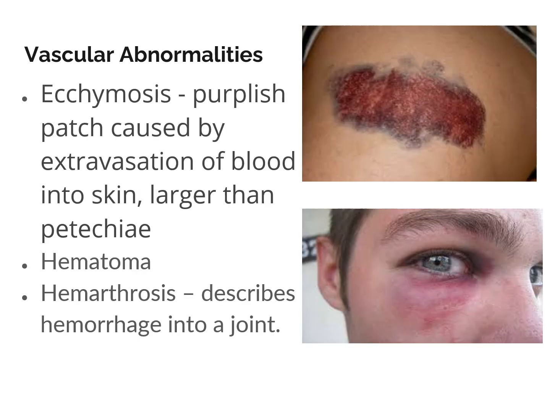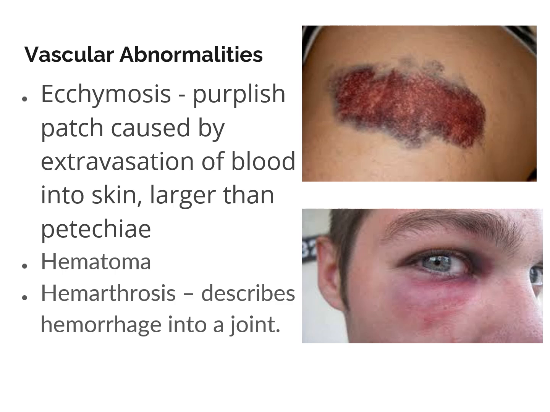And then we have ecchymoses. These are commonly known as bruises, and they represent larger amounts of extravasated blood under the skin. They appear as purplish patches, caused by extravasation of blood into the skin. These are larger than petechiae. Then we have hematoma.